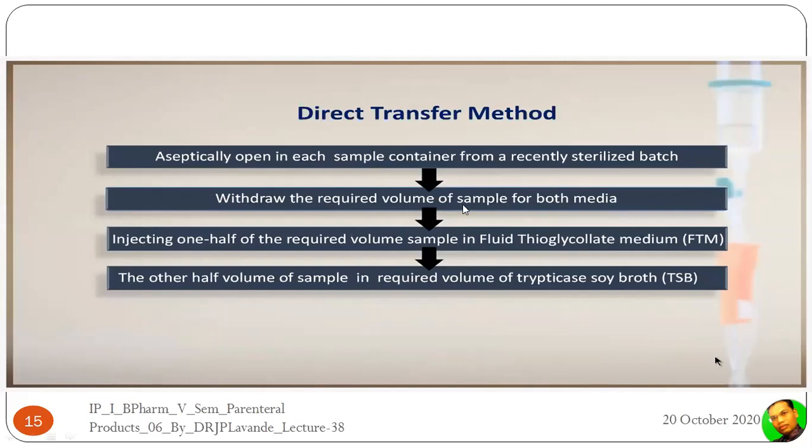Then withdraw the required volume of the sample for both media, soybean casein digest as well as the fluid thioglycolate medium. Inject half of the required volume of sample in fluid thioglycolate medium, FTM, and the other half of the volume of sample in the required volume of the tryptic soy broth, that is the TSB medium.